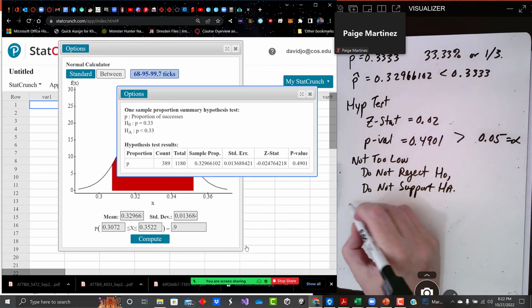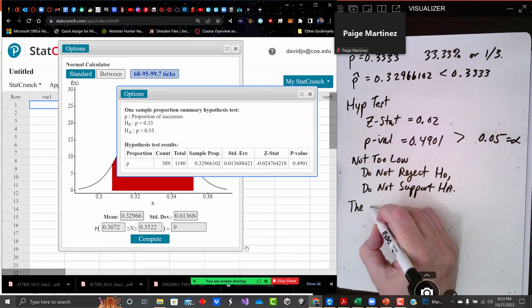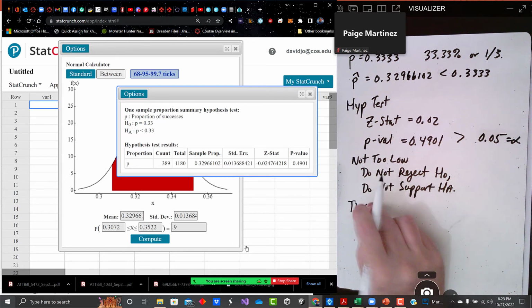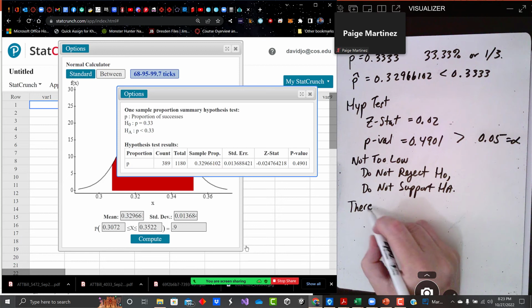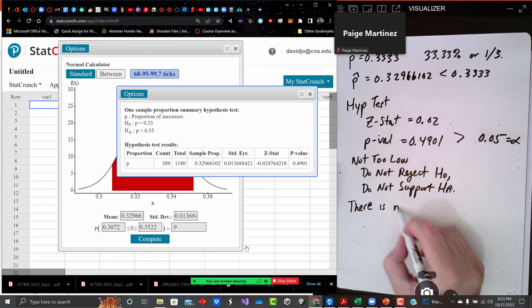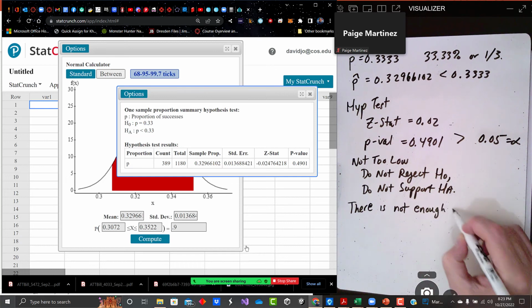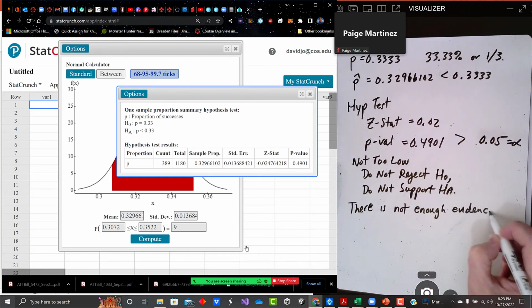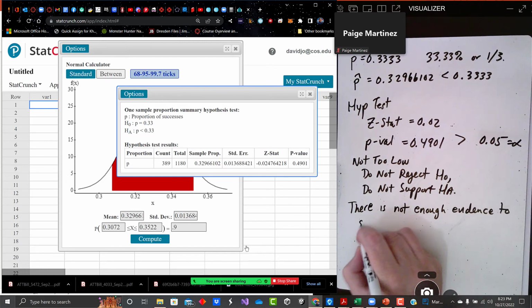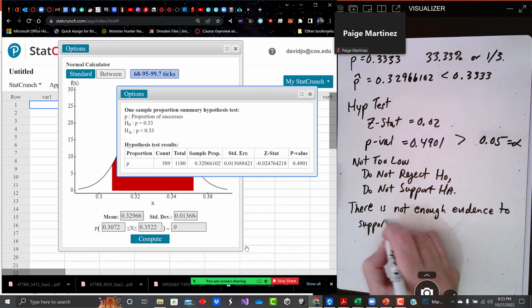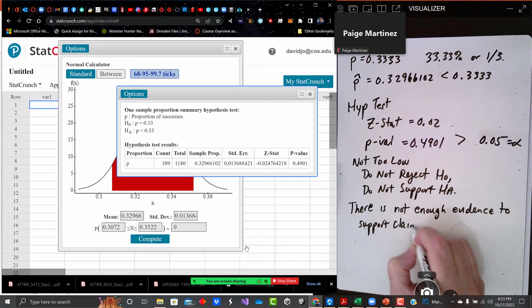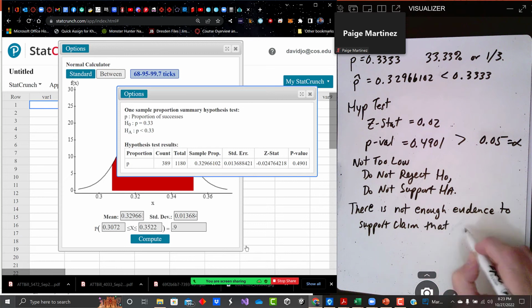Which means there's not enough evidence to support the claim that the proportion is below 33%.